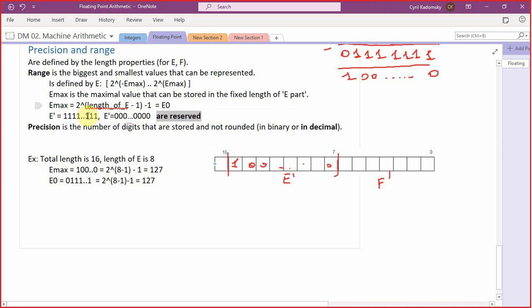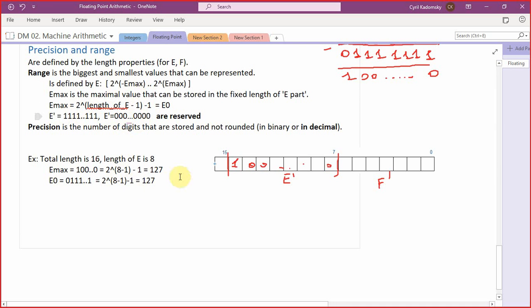Okay, so 2 values of these bits in the exponent are reserved, namely the biggest and the smallest, which slightly narrows the possible range. So the maximal value is this, and I would put it here.